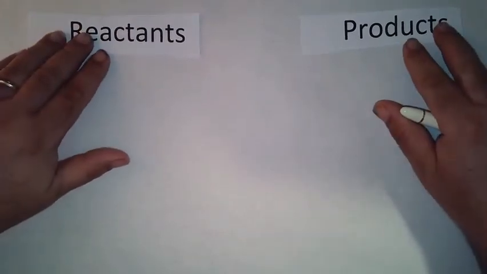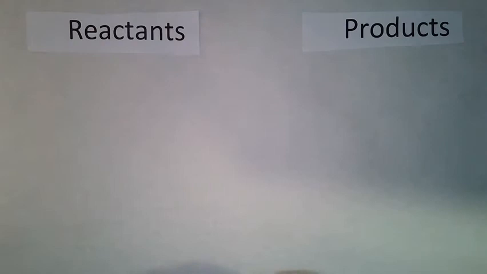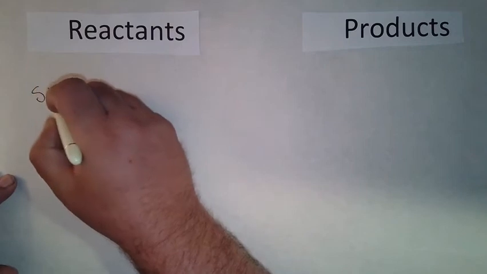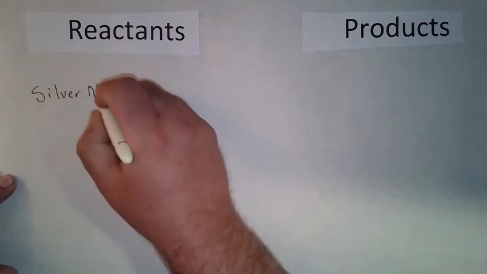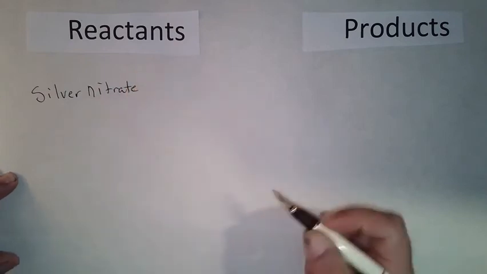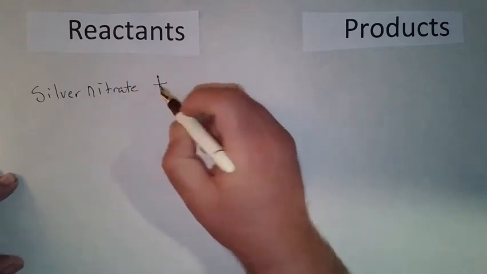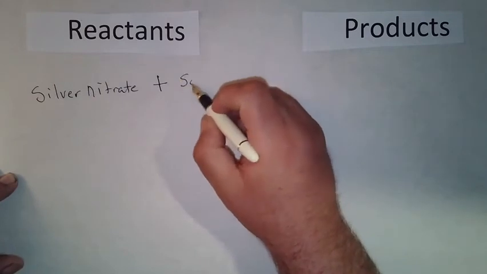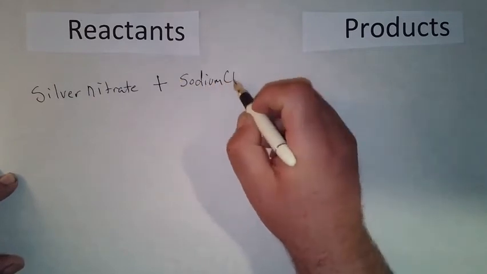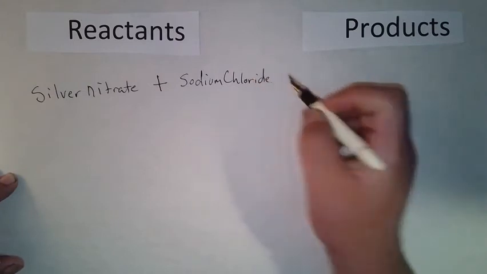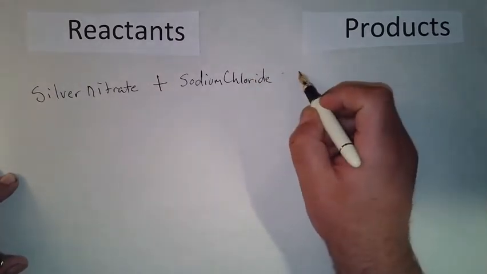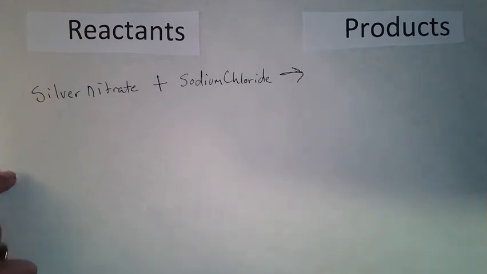In using our words that we've been doing, we know that we have reactants and we have products. Reactants are always on the left-hand side. Products are on the right-hand side. When given a reaction, they might say that you have silver nitrate reacts with, so that's going to be a plus sign, sodium chloride, to yield, which means we're making or yielding this.